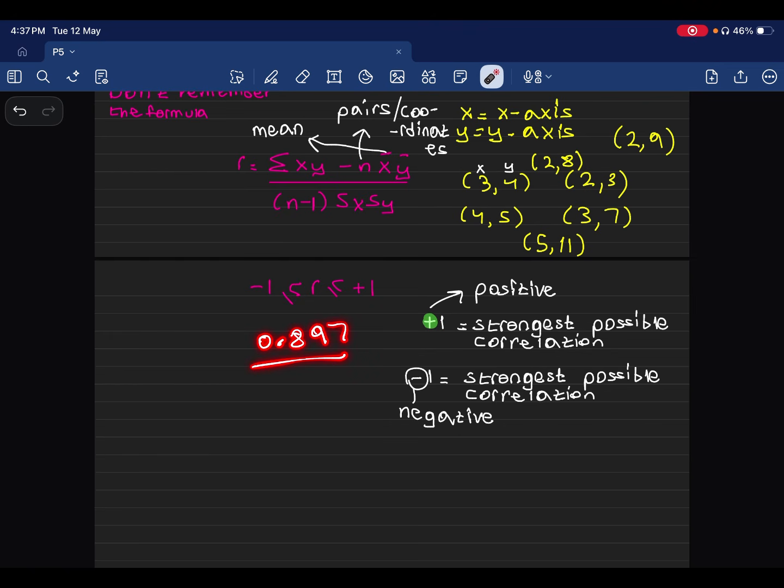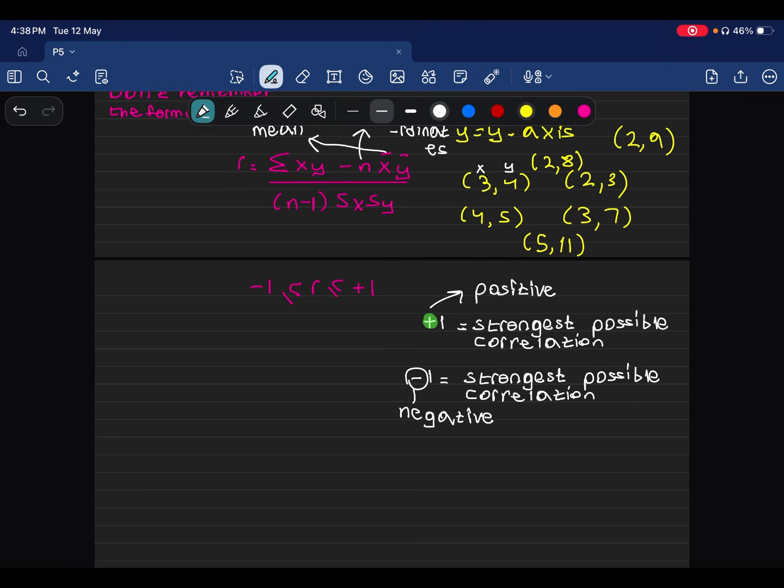This is, you could say, almost strong. It's not the strongest, but it's still strong positive. So you understand the pattern, right? The main thing you have to focus on is the magnitude, the number. The sign, don't worry about the sign. That's just telling you if it's positive correlation or negative correlation, meaning is the graph going up or is it going down? But the main thing is the magnitude.